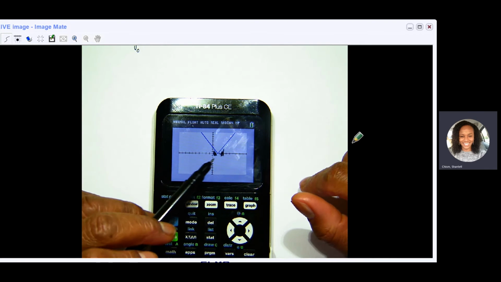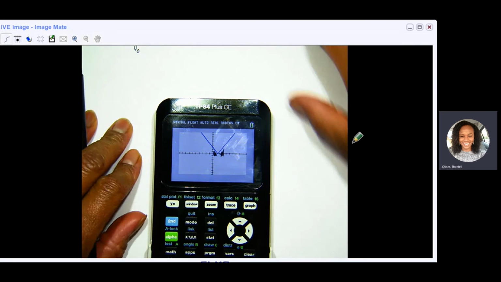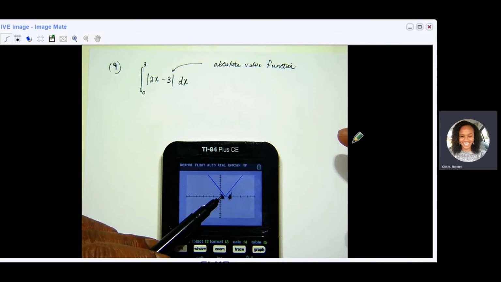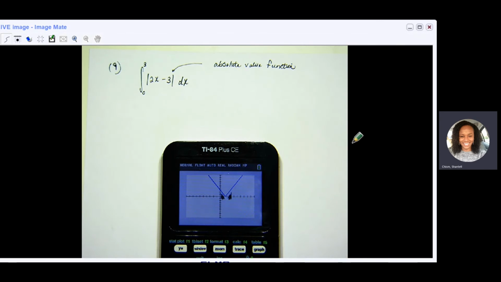So what we're going to do is we're going to break this whole integral over into two parts where we've got this area here from the y-axis, which is at x equals 0, to where it touches the x-axis, and then from where it touches the x-axis to 3. So because the region under the curve is kind of chopped by it being an absolute value function, we're going to split it into two integrals.